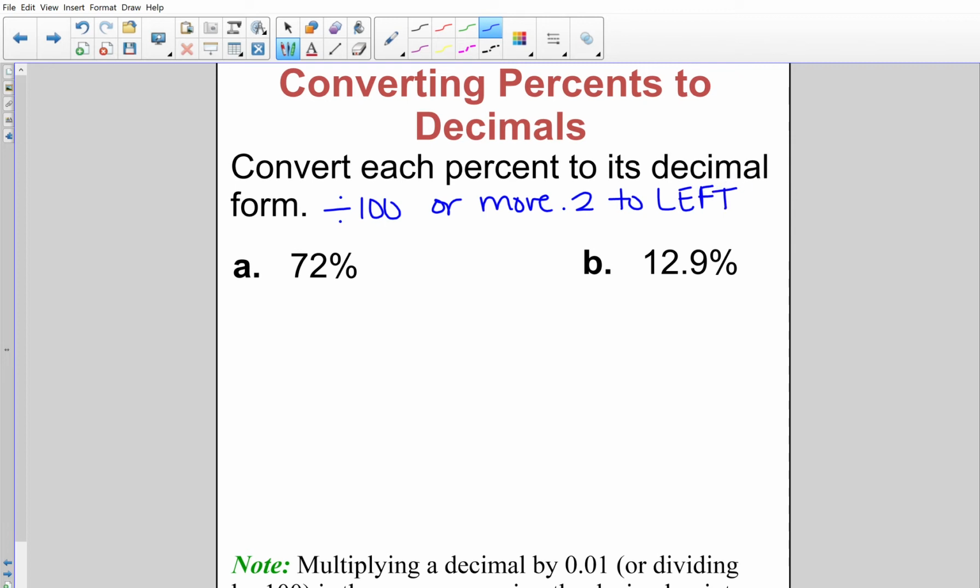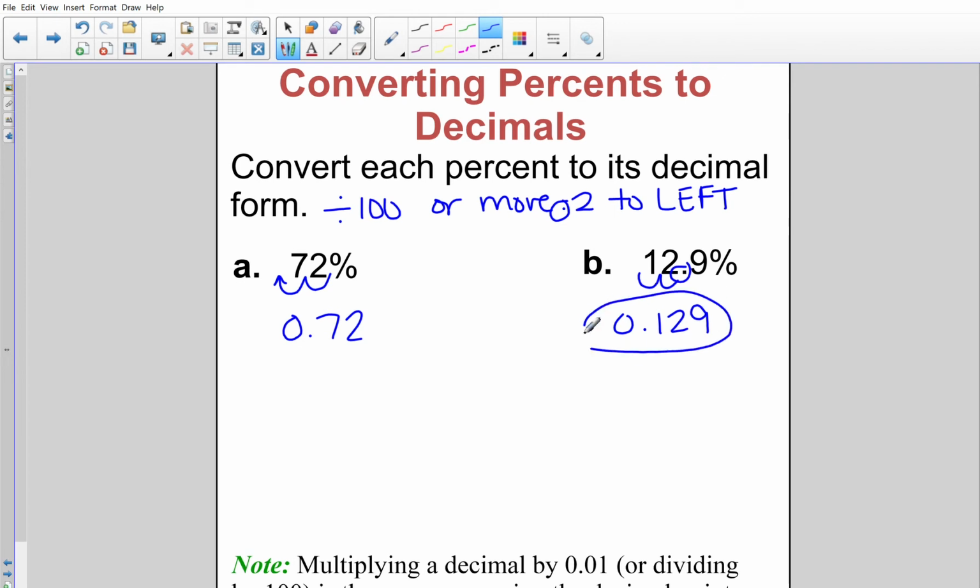Dividing by 100 is the same as moving the decimal 2 spaces to the left. So if I have a decimal here behind the 2, I'm moving it 2 to the left, which is the same as dividing, so I have 0.72. Here's my decimal. If I move it 2 to the left or divide by 100, don't do both, just do one or the other.